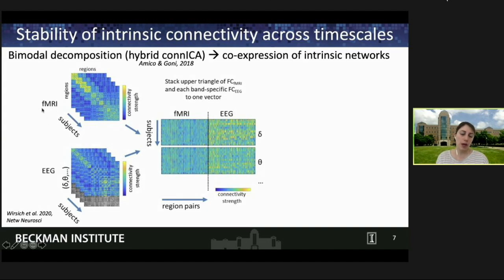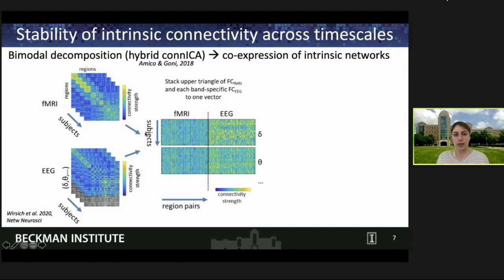So very briefly, here you see a connectivity matrix, Pearson's correlations for each individual subject in fMRI. And then we estimated connectivity for every frequency band of the concurrently recorded EEG, again for every subject.